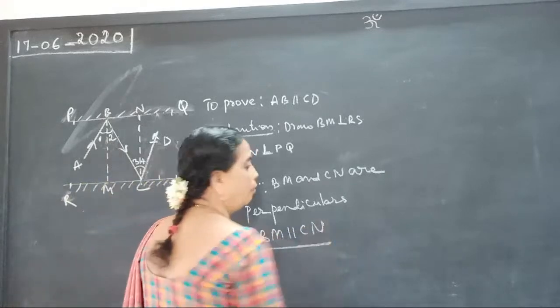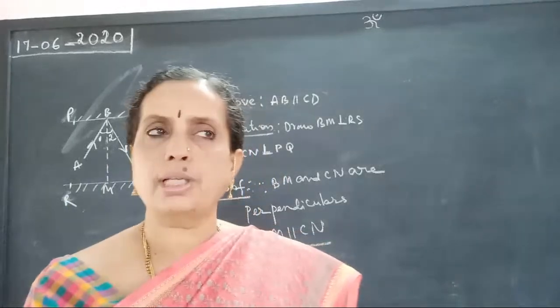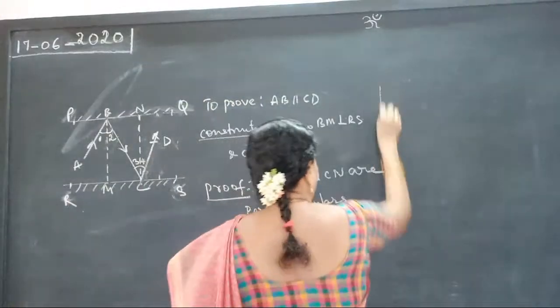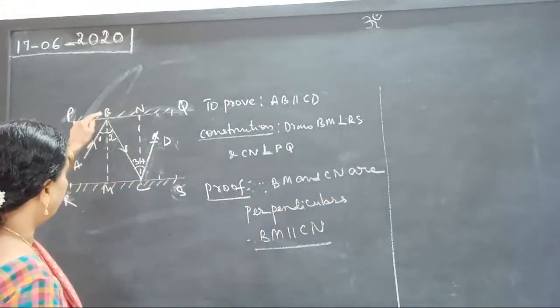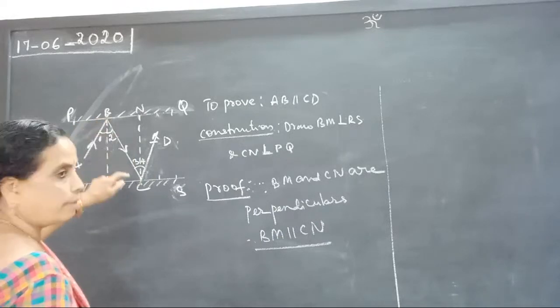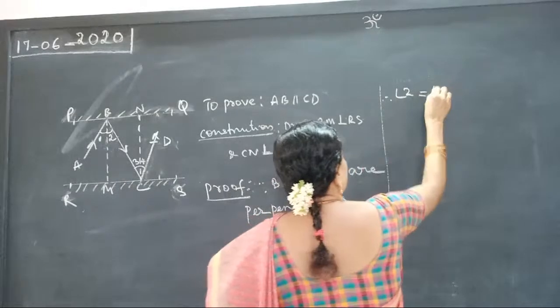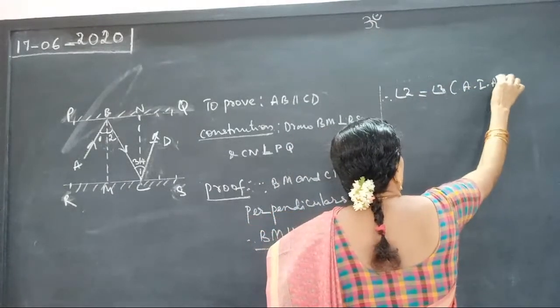That is, when two lines are perpendicular to the same line, they are parallel. That is one of the properties. When BM is parallel to CN, BC will act as a transversal. Therefore, angle 2 equals angle 3 (alternate interior angles).